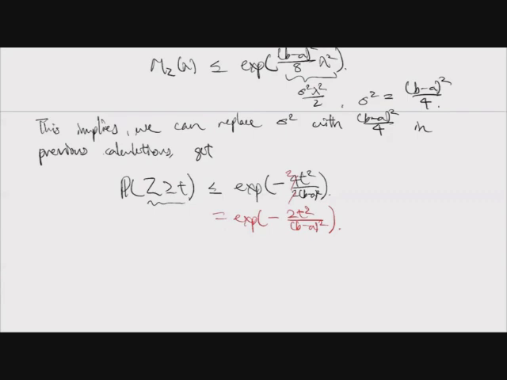Recall the reason why Chebyshev was so convenient for these sums was that we had this way to write the variance, which was just equal to sigma squared divided by n. A very similar property is going to hold for moment generating functions.